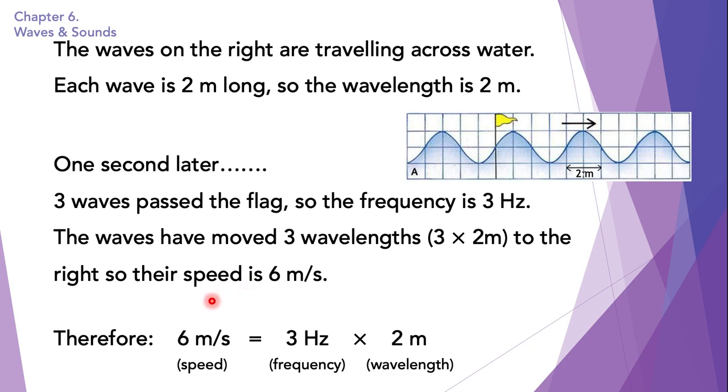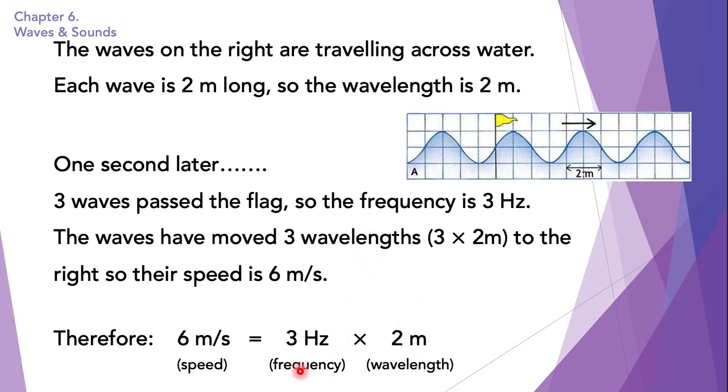So we can remember the rearranging triangle I taught. In this triangle, we put these two values, frequency and wavelength, below, and speed on top. This is going to be the triangle. Now if we want wavelength, we would hide the wavelength, and what we get is speed divided by frequency.